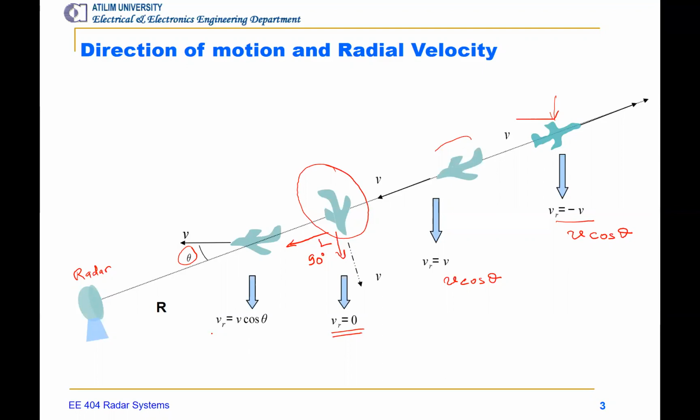So we usually take VR as V times cosine theta, and in most systems, we simply align or position the radar such that this angle becomes as minimum as possible, so that we can see the target on the line from the radar to the target. So try to make this angle 0.